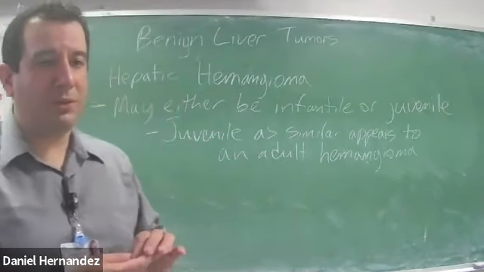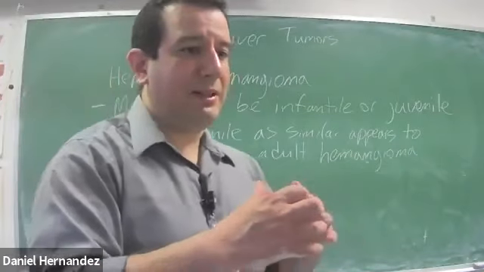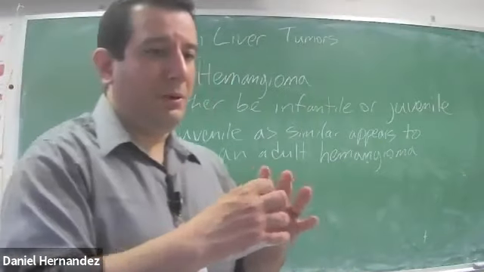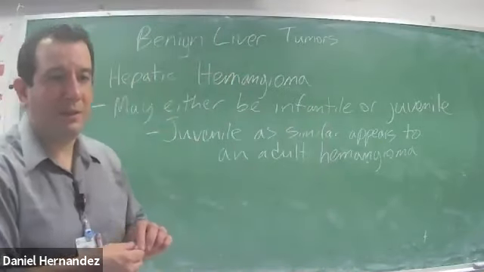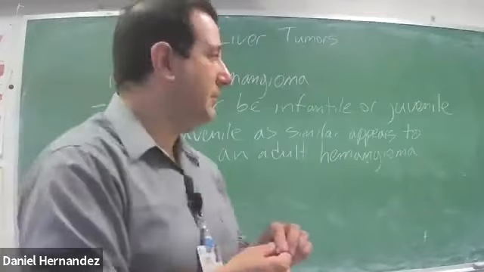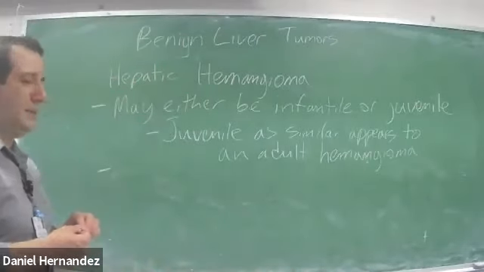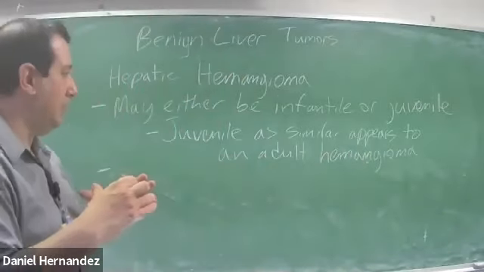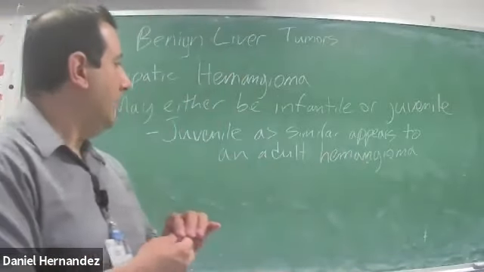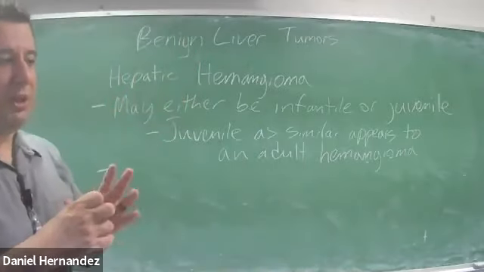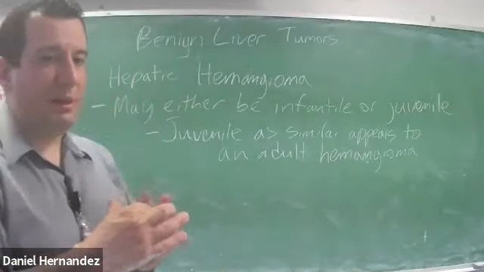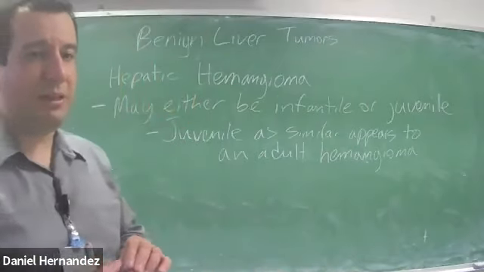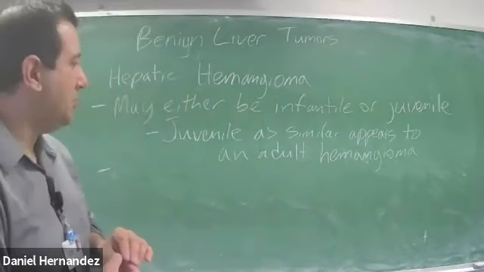As it matures, these existing vessels start to close up and form what are called, quote, lakes within the lesion with little blood flow. When we see them in the adult population, they typically don't demonstrate a lot of vascularity, but they're very echogenic. And these are those remnant lakes of the vessels that grew when this hemangioma was forming.